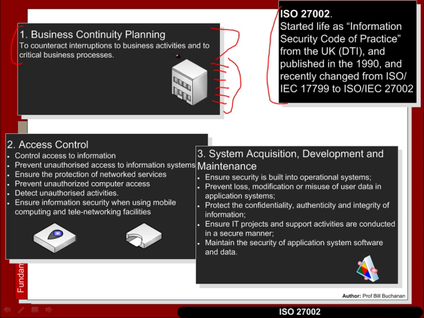So this might relate to a serious fire or a hurricane and so on, and make sure that the company has some sort of continuity in these events. We can have access control, which actually defines the nature of which access is allowed inside the organisation, such as detecting unauthorised activities and preventing them too.